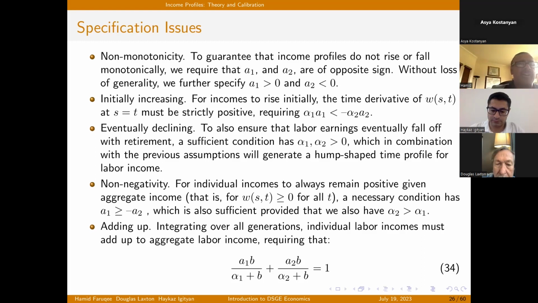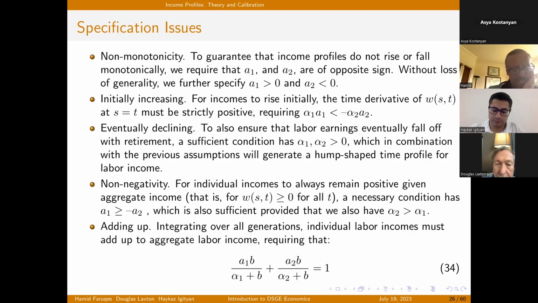There are various parameter restrictions that you can look at through this set of slides here. Again, just different restrictions that generate a set of age-specific weights in the income profiles that give you the kind of hump-shaped income profiles that we see in the data. And effectively what those bullet points are referring to are these parameter restrictions that give you that shape that we'll see in the data in a moment.